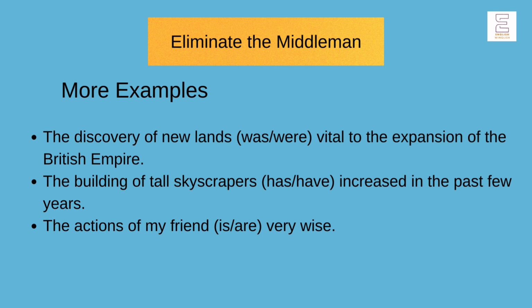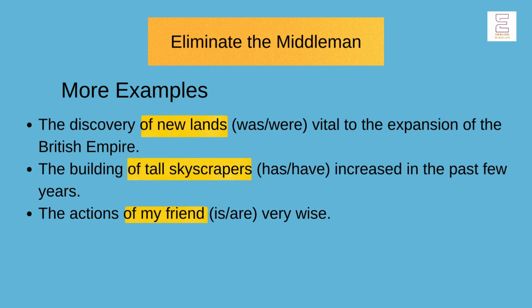So let's find out the middlemen in these three sentences. The first sentence: The discovery of new lands was or were vital to the expansion of the British Empire.